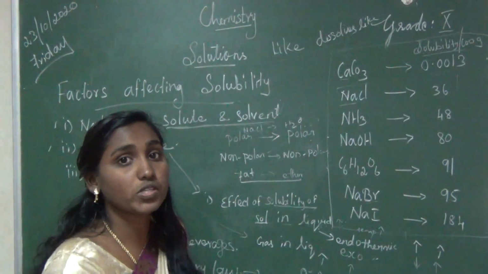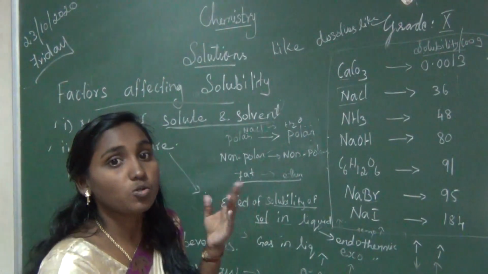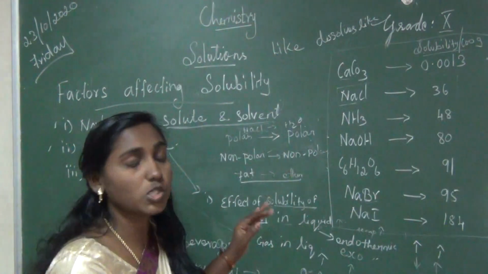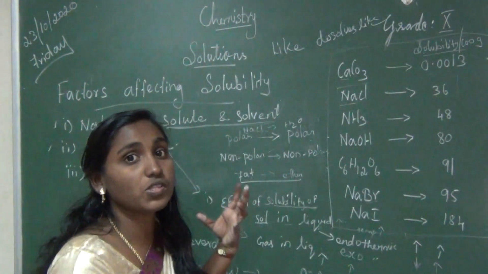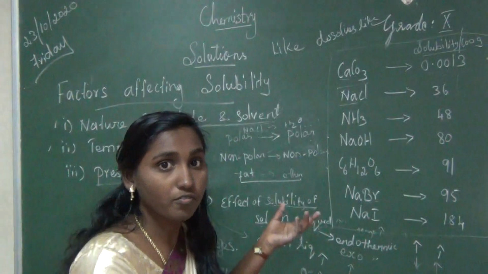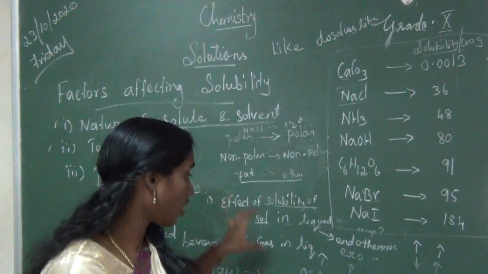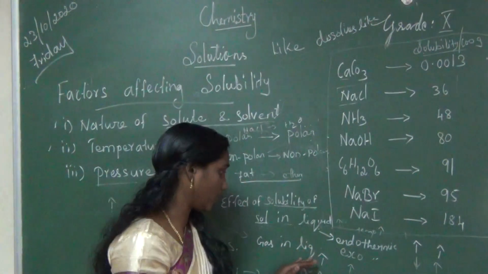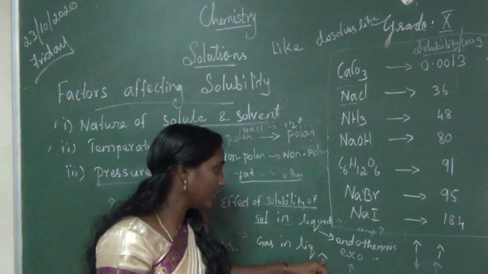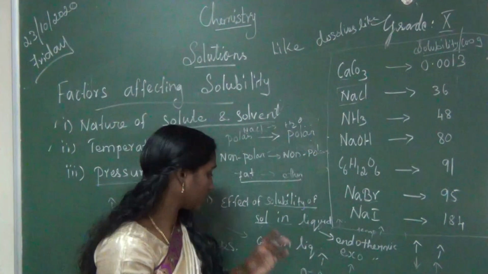When water is boiling, bubbles will form, which means oxygen escapes in the form of bubbles. So solubility of gas in liquid decreases as temperature increases.